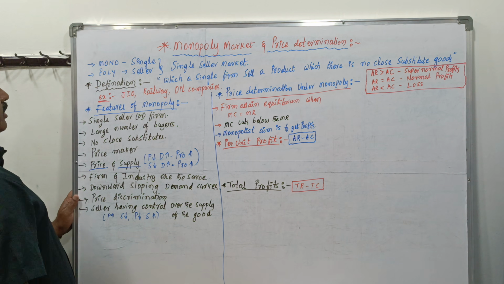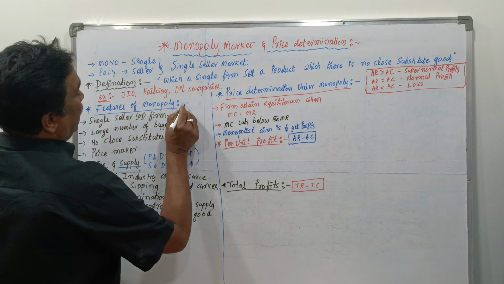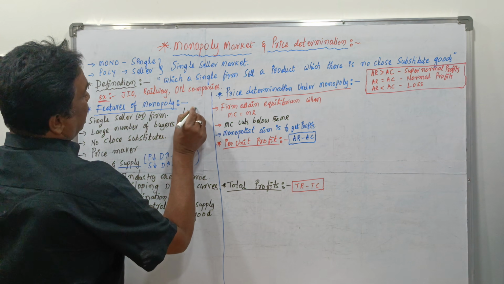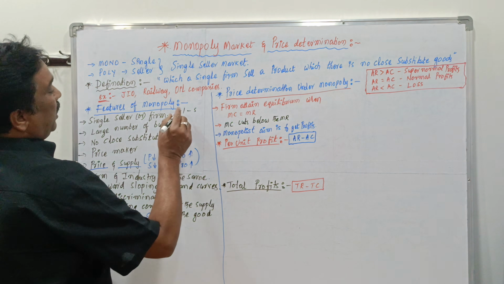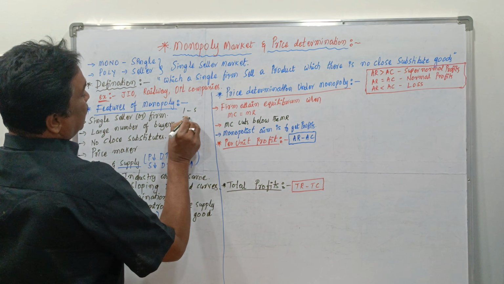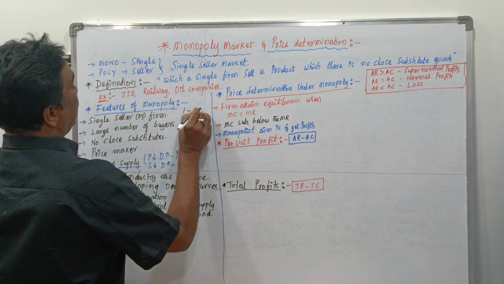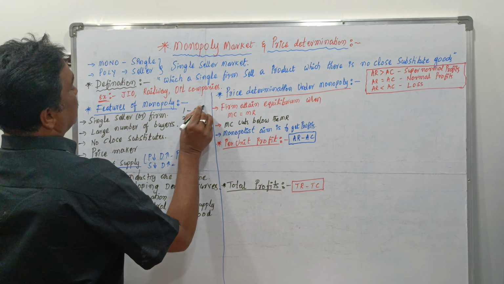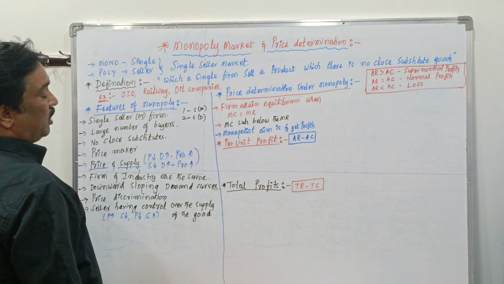Monopoly, for example, in simple language I will explain: if there is one seller, that is called a monopoly market. If there are two sellers, that is called a duopoly market. This is called a monopoly market, this is called a duopoly market.